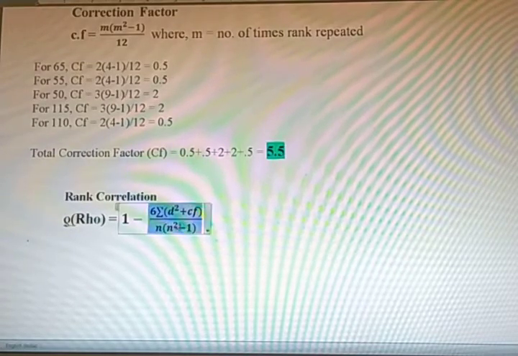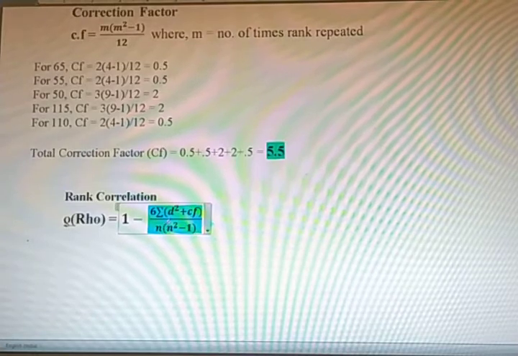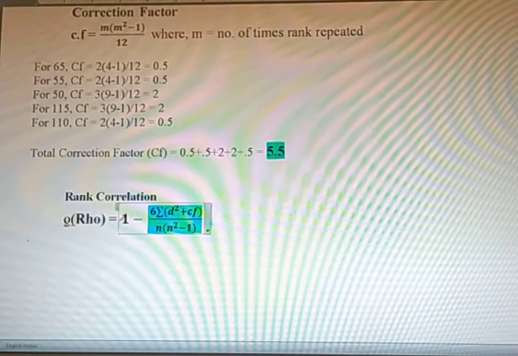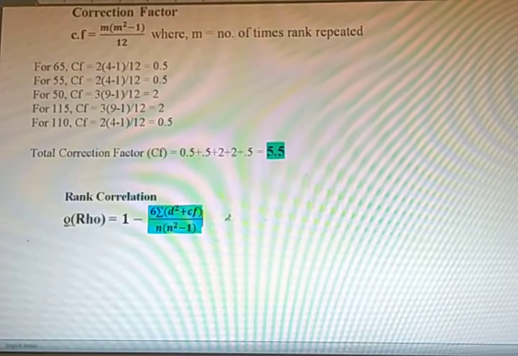Once you simplify this block, the simplified value should be subtracted from 1. 1 minus this simplified value, which will obviously be a decimal, gives the rank correlation coefficient.